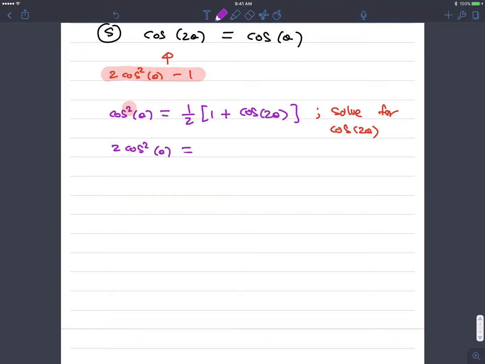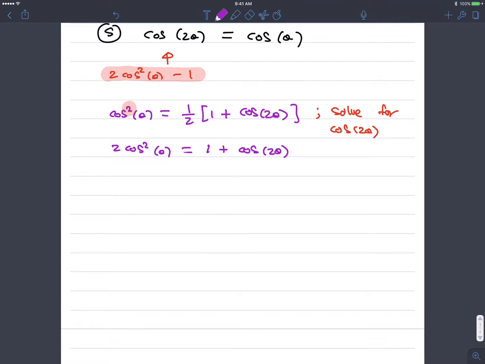That removes our fraction 1/2, and it's now 1 plus cosine double theta, just by multiplying the left side by 2 and your right side by 2. Just point out that detail. Okay? You guys got that? Multiply both sides by 2.